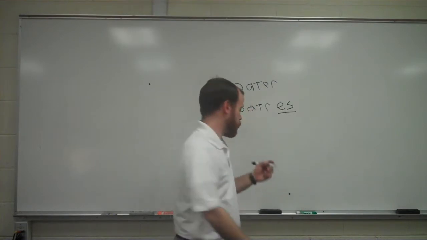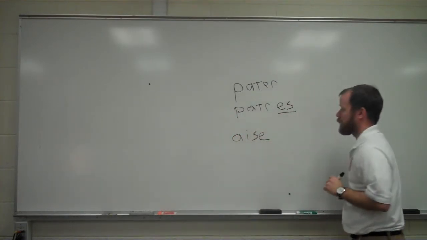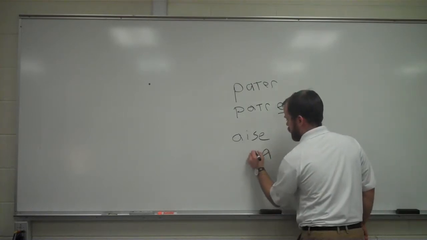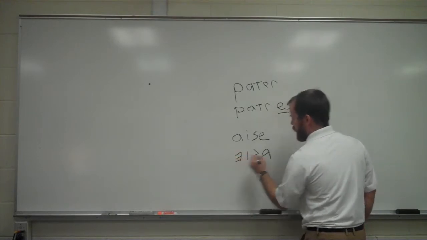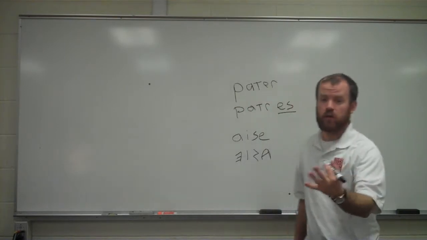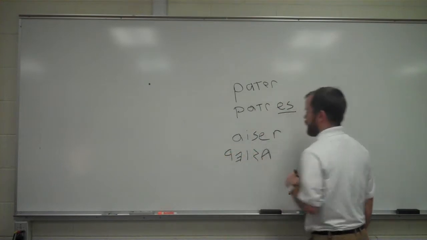So for example, the Etruscan word for God is Ise. All right? If we wanted to make that plural, we add an R onto it, Iser.